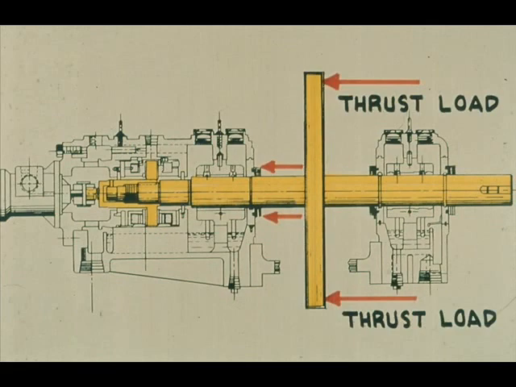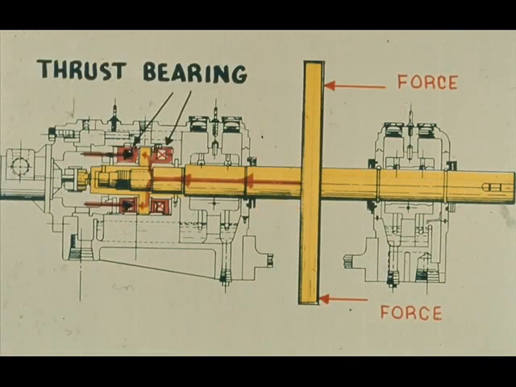These thrust forces tend to move the rotating element in the direction of the force. The position of the rotating shaft within the machine must be maintained by thrust bearings exerting an equal but opposite force upon a thrust collar locked to the shaft.